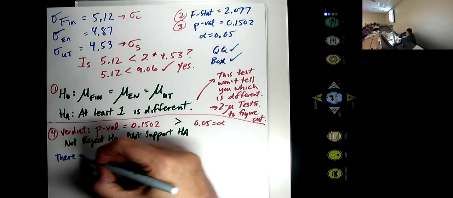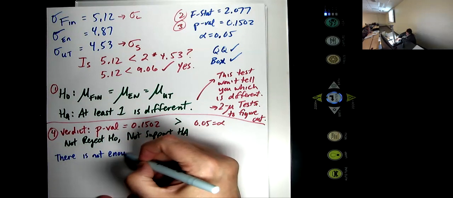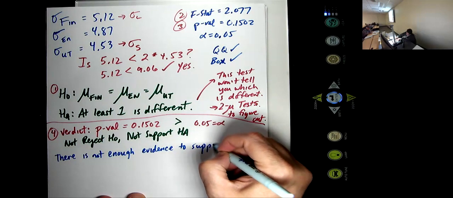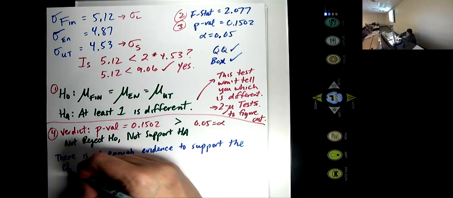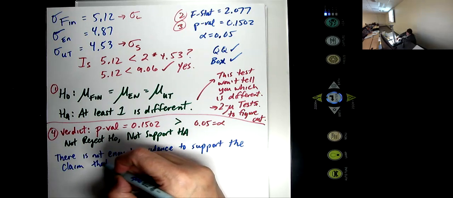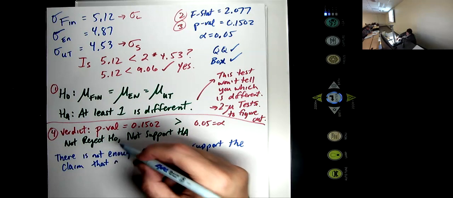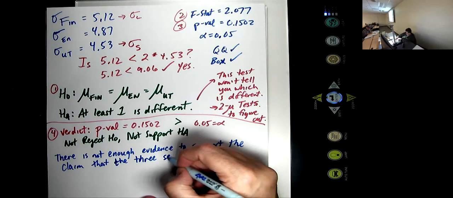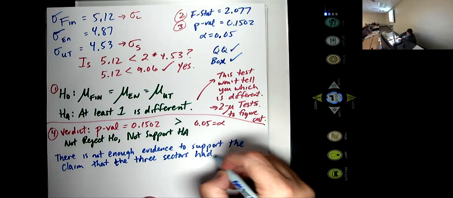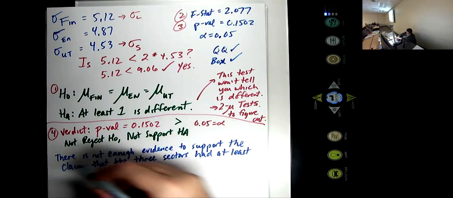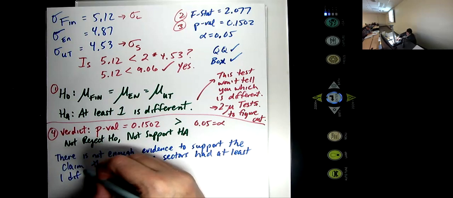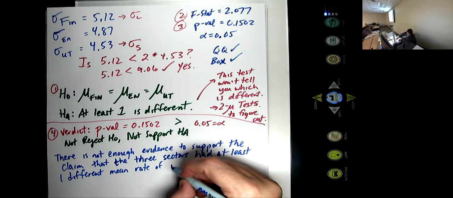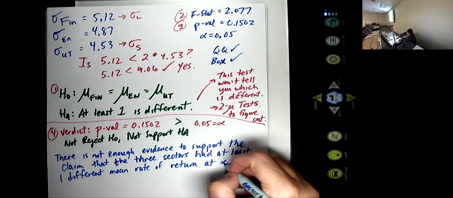There is not enough evidence to support the claim that the three sectors had at least one different mean rate of return at alpha equals 0.05.